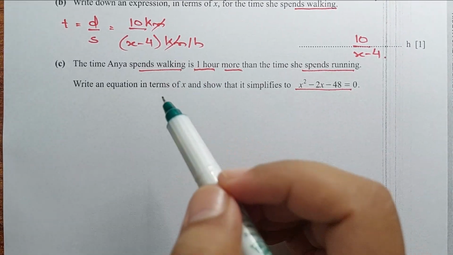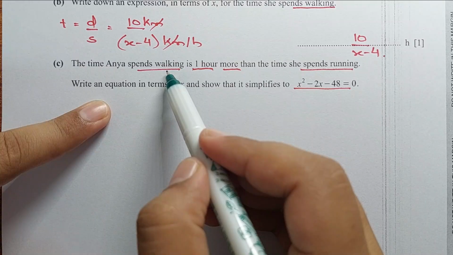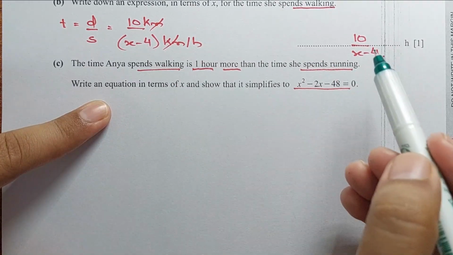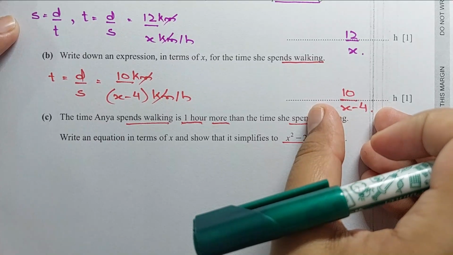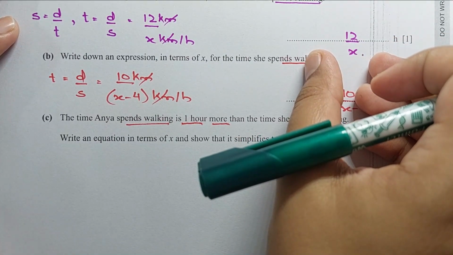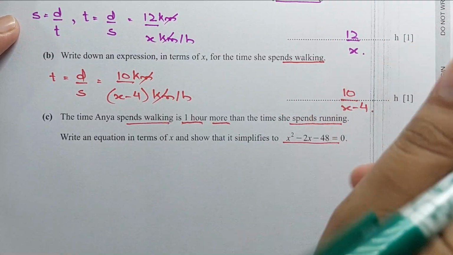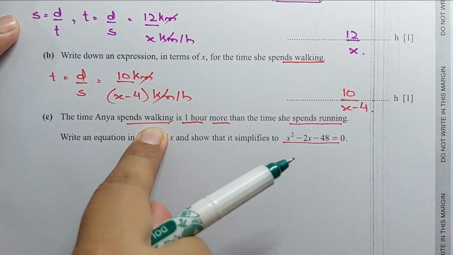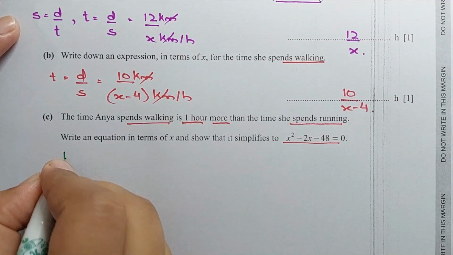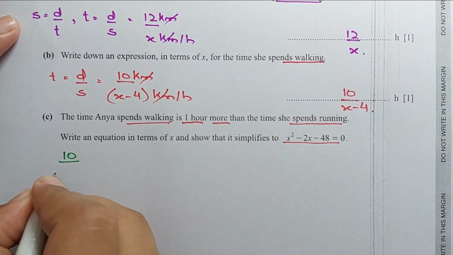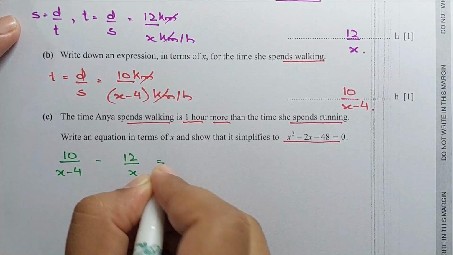It means the difference between the time she spent walking and running should be 1 hour. So the walking time, subtract the running time, should be equal to 1.